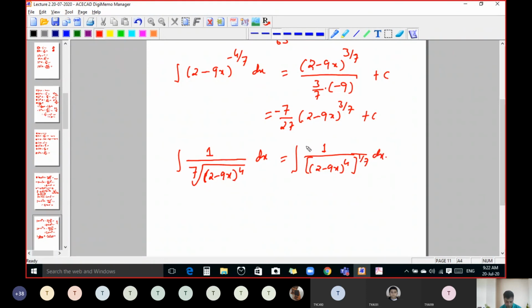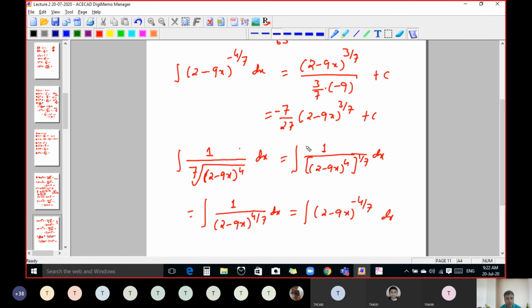So ultimately we get integration of 1 upon (2 minus 9x) whole raised to 4 by 7. And this you can write like this: integration of (2 minus 9x) whole raised to minus 4 by 7.